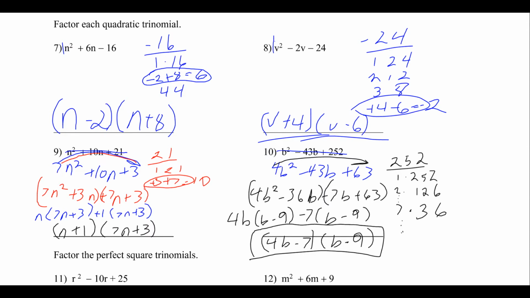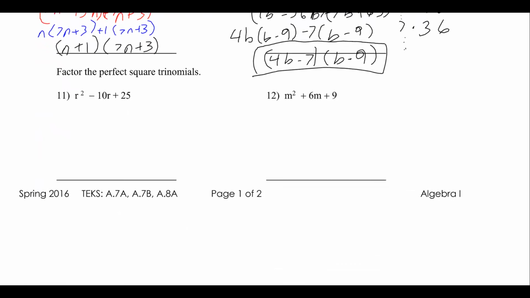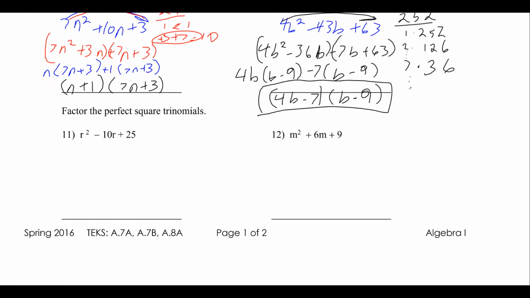Alright. Now, number 11 and 12. It says to factor the perfect square trinomials. If you look at those, the square root of 25 is 5.